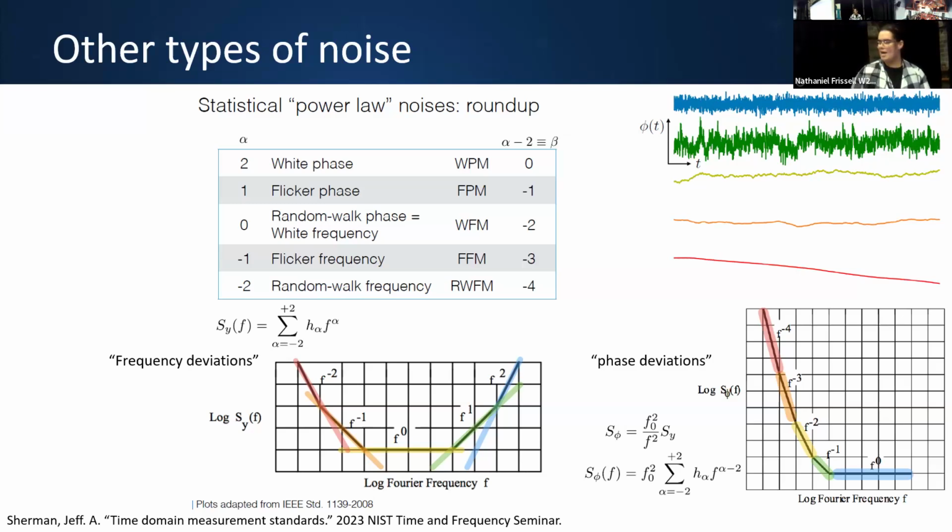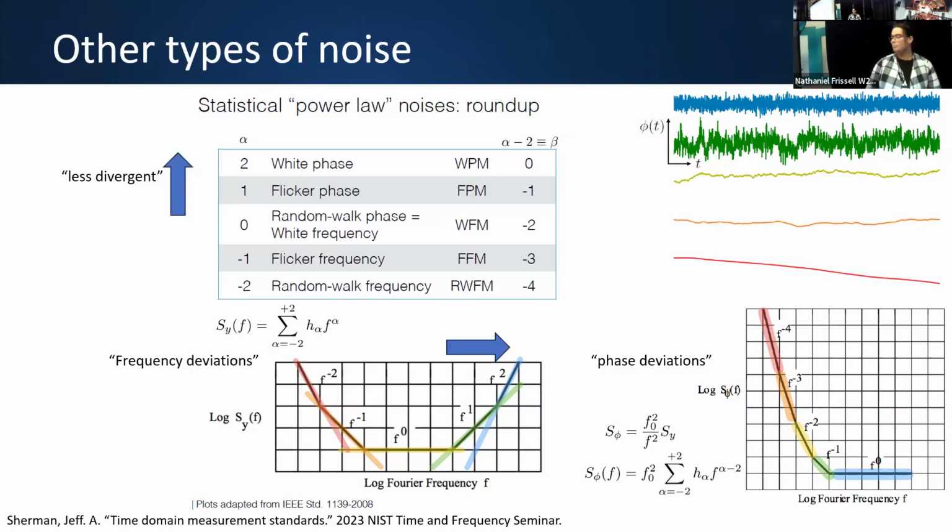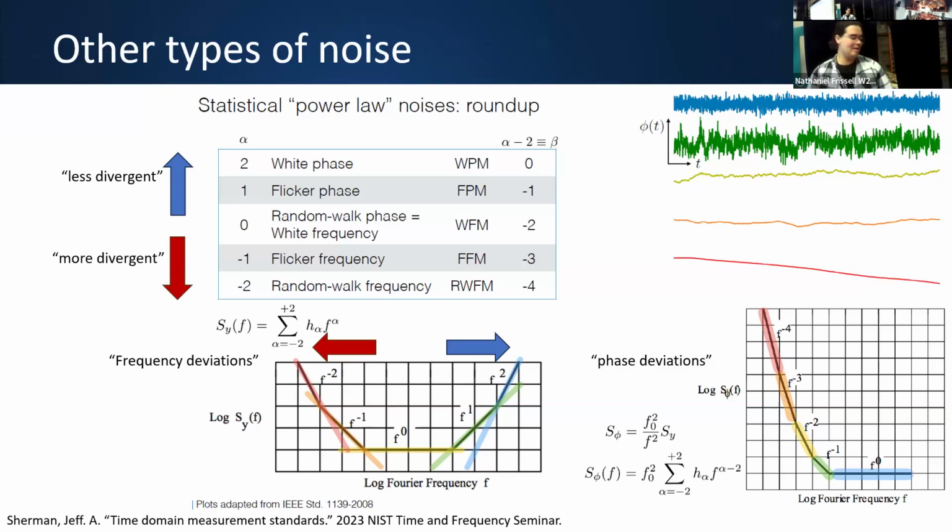It's worth noting that here in phase, this flat part in blue represents Gaussian statistics, and then yellow over there in frequency represents Gaussian statistics. Anything towards the right of these plots is less divergent, is what we might call it, and on the left of the plot are these more divergent noise types, and those are the ones where something like standard deviation isn't helpful.